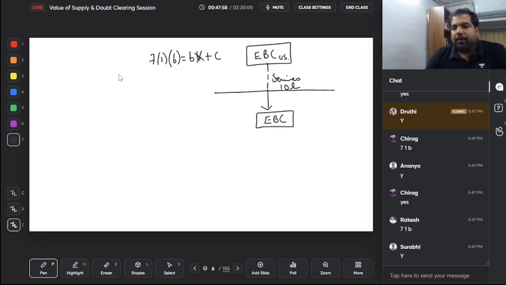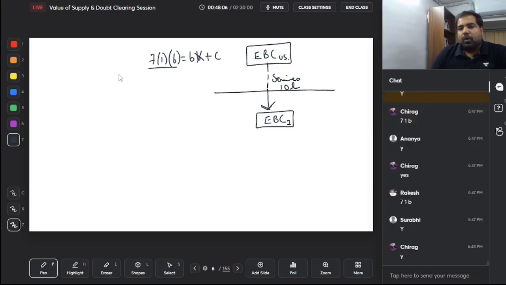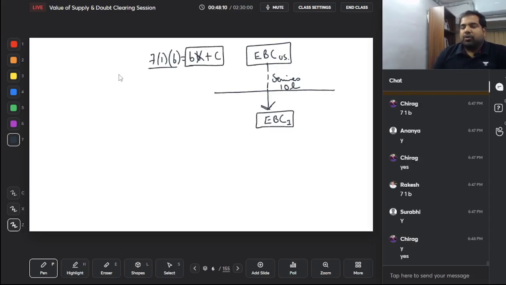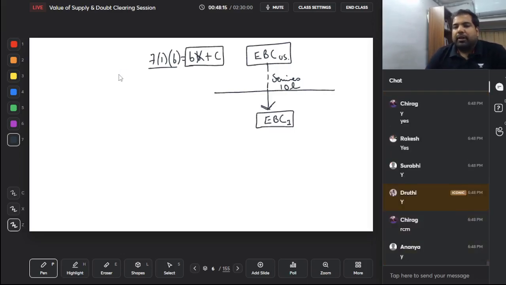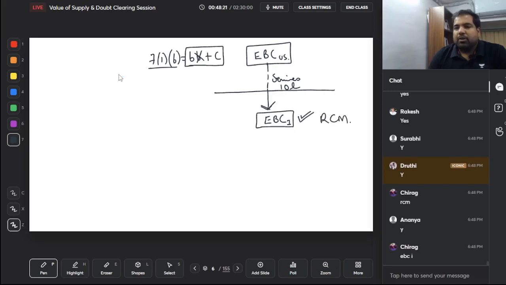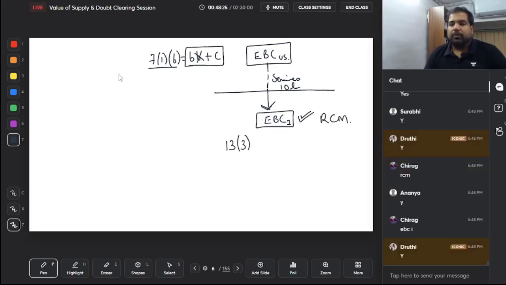I'm repeating, you are in India and you are getting these services from a sister concern in the US. Is this bahar se services? Will you be paying GST? Yes, because it is supply. And who will be paying GST? The Indian entity will be paying GST. So is this RCM, guys? Yes, this is RCM. So this is services, section 13, RCM, section 3.